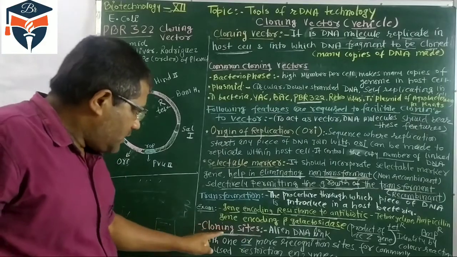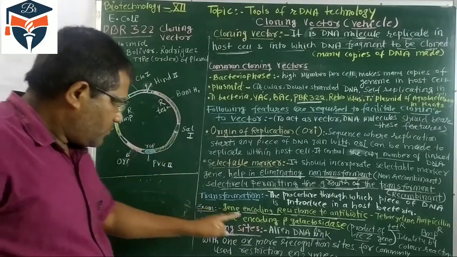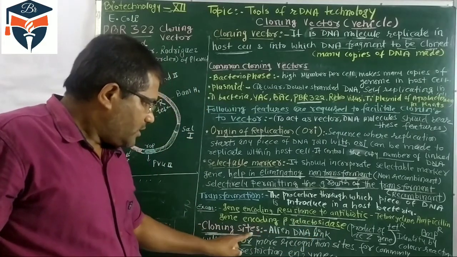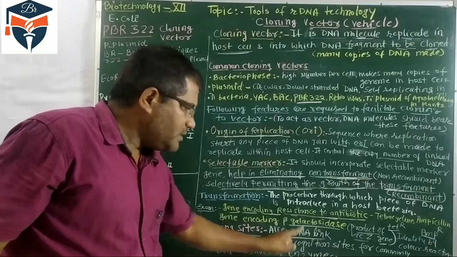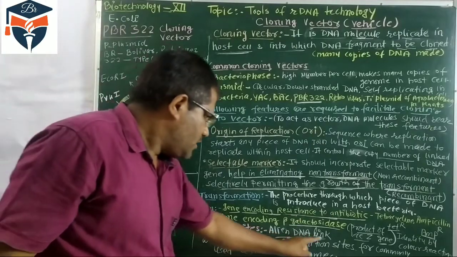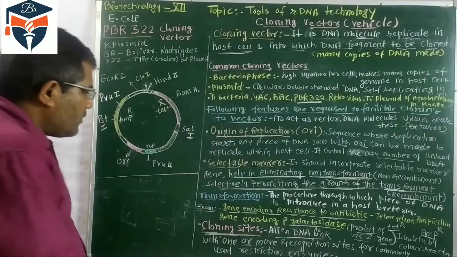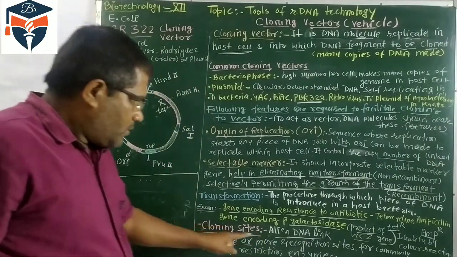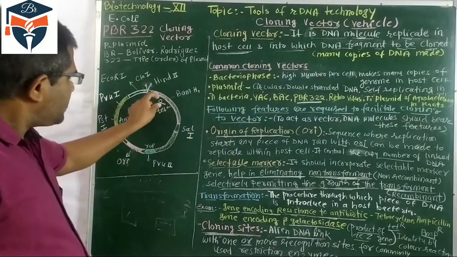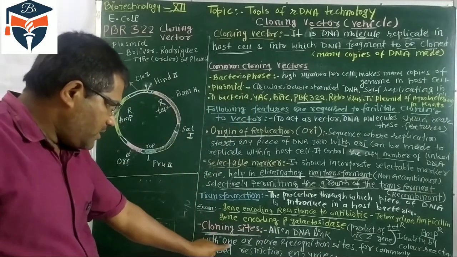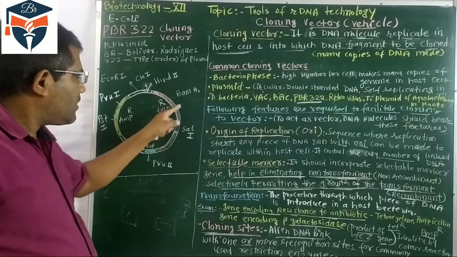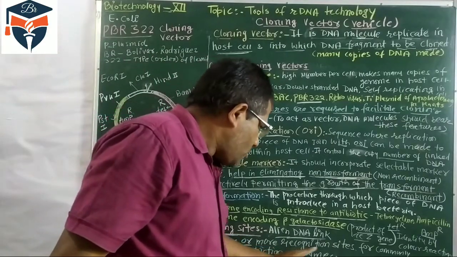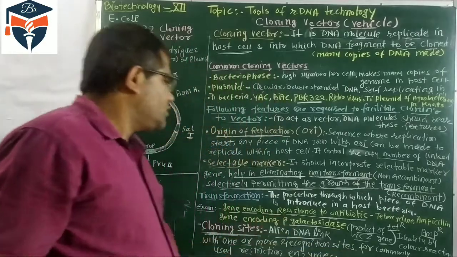It means there should be a site where alien DNA can join. So what is a cloning site? It is the site in which alien DNA or foreign DNA is linked or joined. This cloning site may be one or more. It is a recognition site for commonly used restriction enzymes.